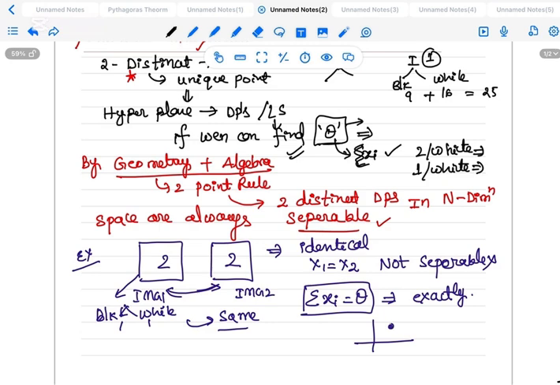So for example, if the data point is this one, image 1, which is 2, and the other data point is also 2, both are identical, right? Same images, how can you separate this data point? Because this is the same data point, there is no plane, no line and no hyperplane that separates these data points.